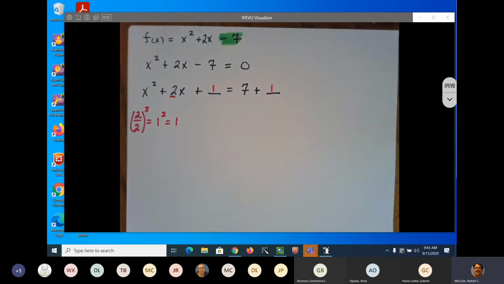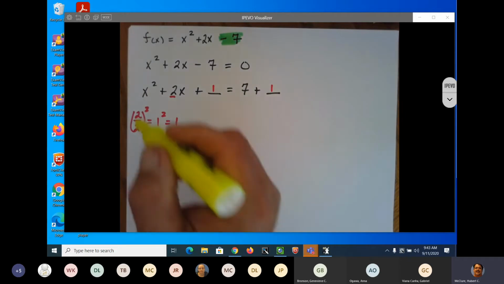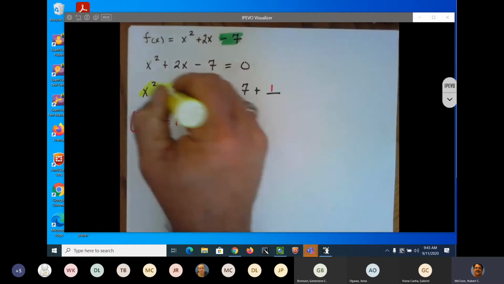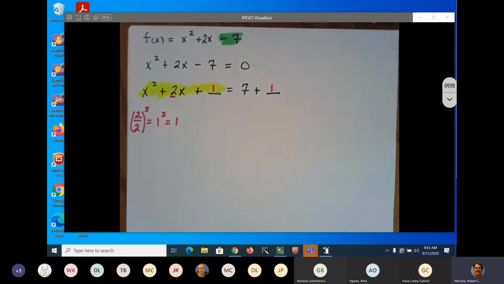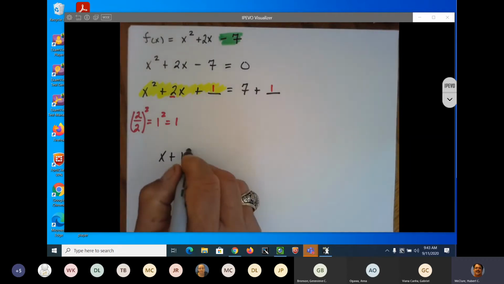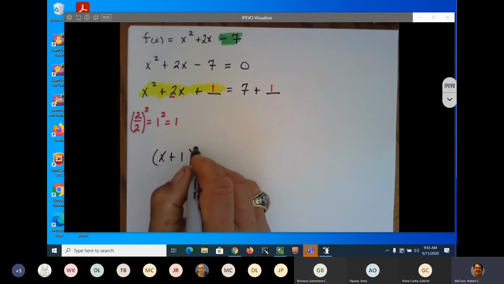And that's going to give us, on this side, shortcut number 1 because this is positive. So I can rewrite that as x plus 1 quantity squared is equal to 8.